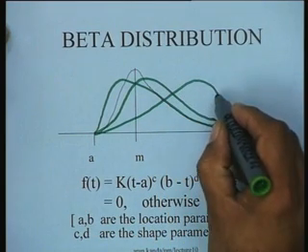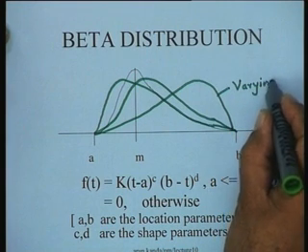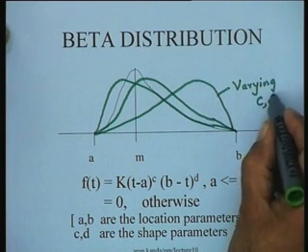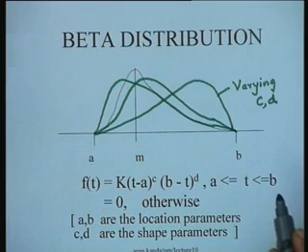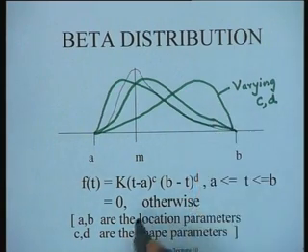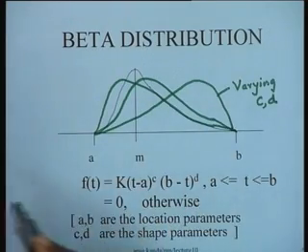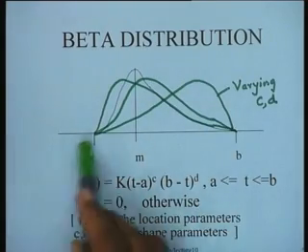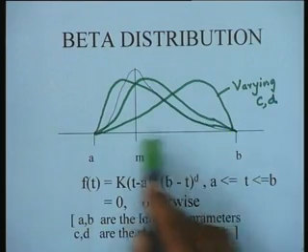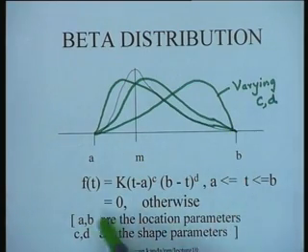So these are obtained by varying the values of C and D, which are the two shape parameters for this particular problem. So by choosing C and D, we can vary the shape of the distribution, and by choosing A and B, we can identify the location of the distribution on the entire time axis. So that's why A and B are called the location parameters and C and D are called the shape parameters.